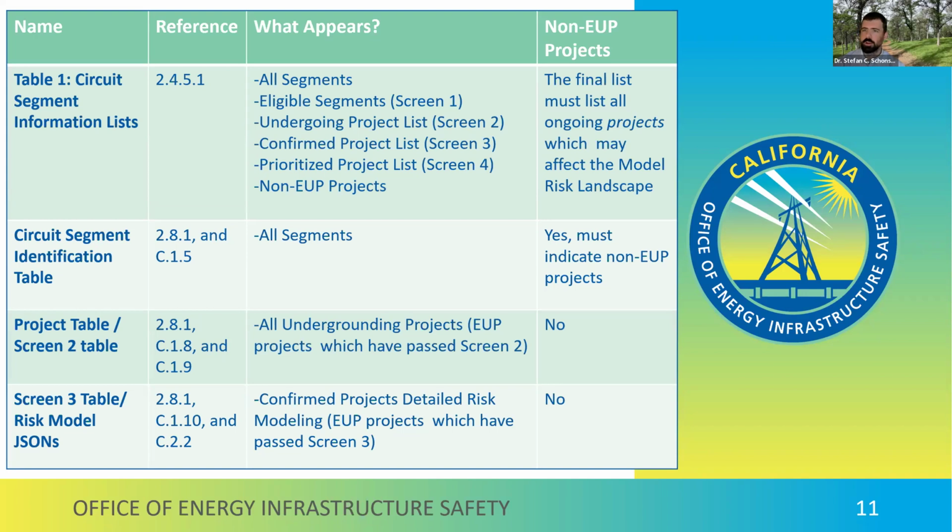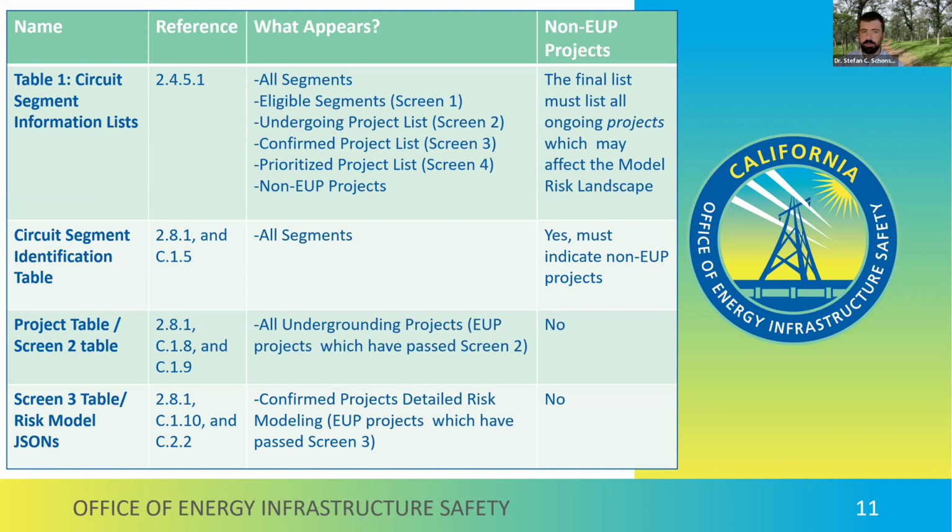I put on a couple more rows here just to be really clear. The circuit segment identification table, which is table C15, does ask for all segments. And here again, there is a column to indicate non-EUP projects and just indicates what the funding source of those are.